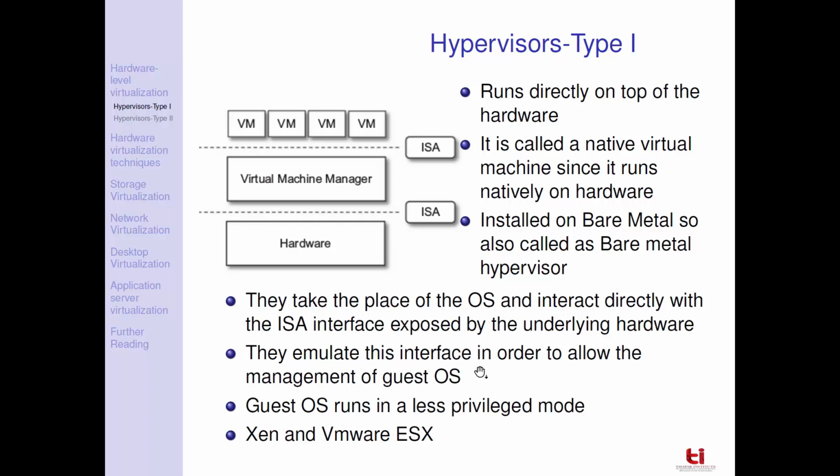So they emulate this interface in order to allow the management of guest OS. So guest operating systems run in a less privileged mode in this type of architecture. The examples of type 1 hypervisors are Xen and VMware ESX.